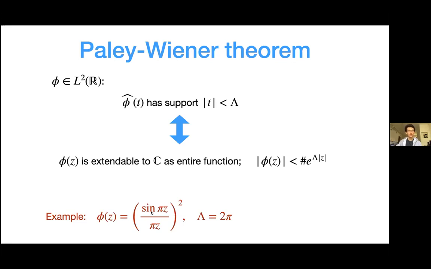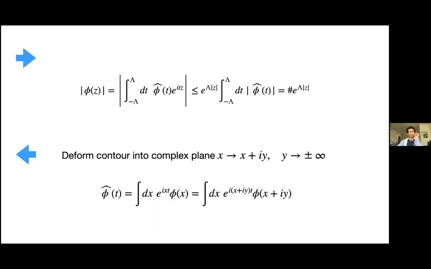Immediately we see that its growth in the complex plane is just e to the 2 pi z, and so lambda is 2 pi and the support of the Fourier transform is 2 pi. These entire functions which are exponentially bounded are often called functions of exponential type lambda. We will make use of this theorem in what follows.